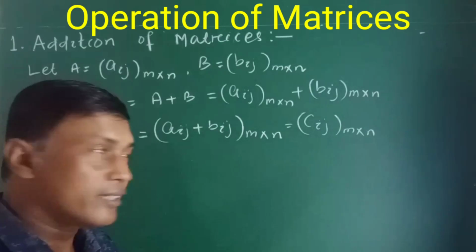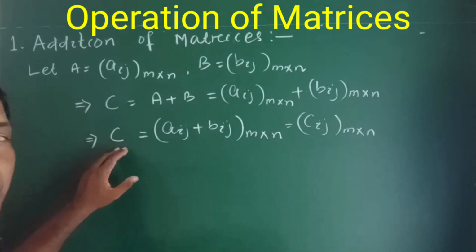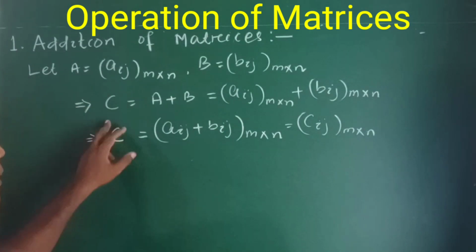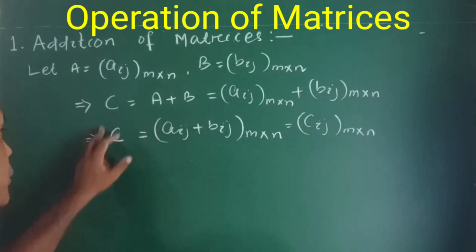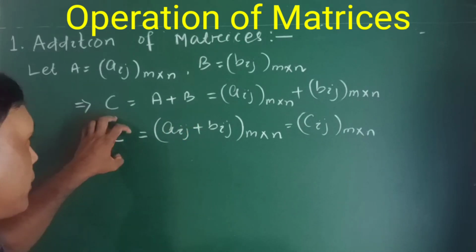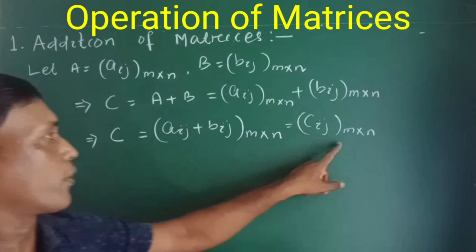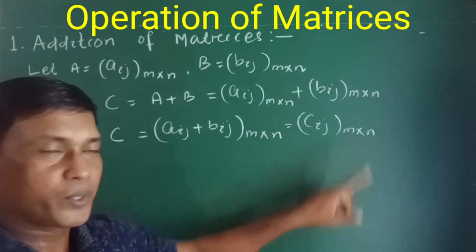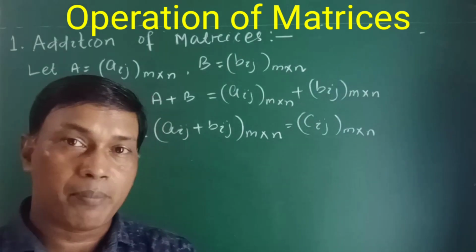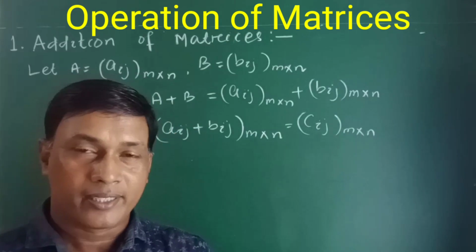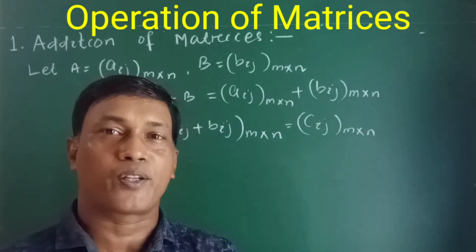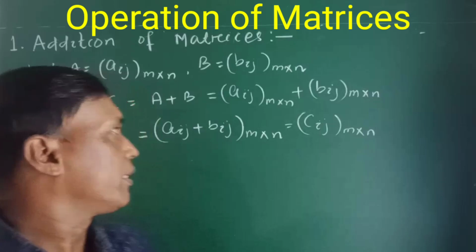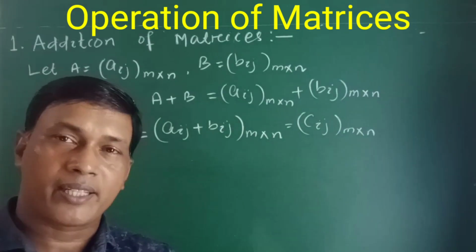And the interesting thing is the sum of two matrices. Now here C is A plus B. Now this is the sum matrix. Now this matrix has order m cross n. So if two matrices of the same order, suppose m cross n, are added, then the sum matrix has order also m cross n. That means the two matrices and the sum matrix have the same order.